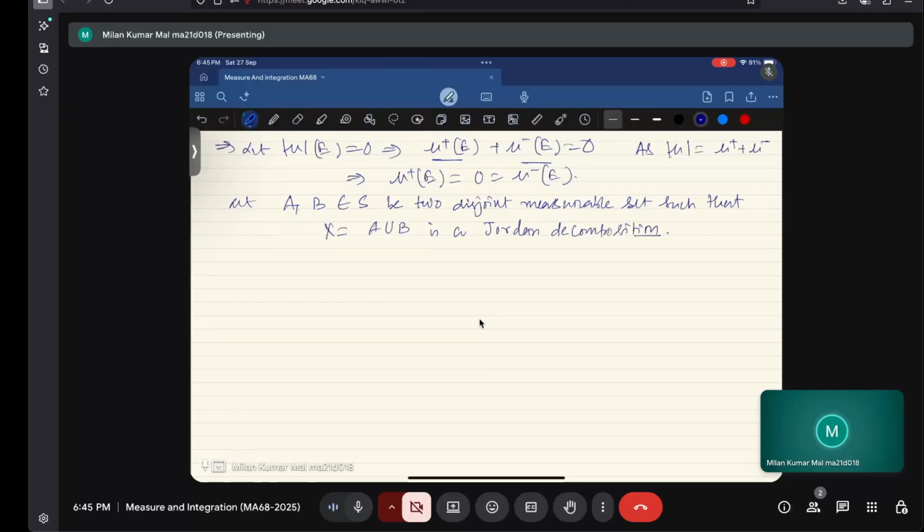Note that a Jordan decomposition need not be unique, but the measure defined using the help of the Jordan decomposition has to be unique, that is fixed.